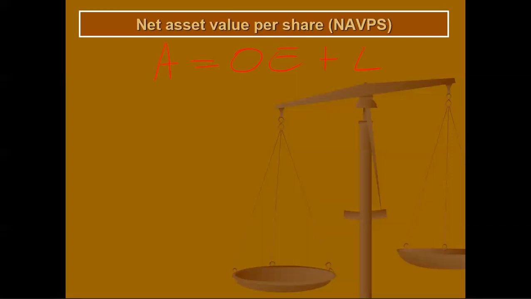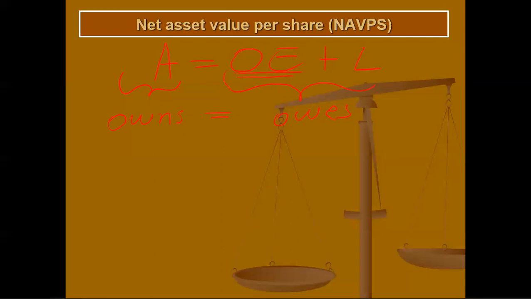These ones, guys, please note, are simply what the business owes. Now, the business normally owes two parties. It owes equity holders, who are the shareholders.